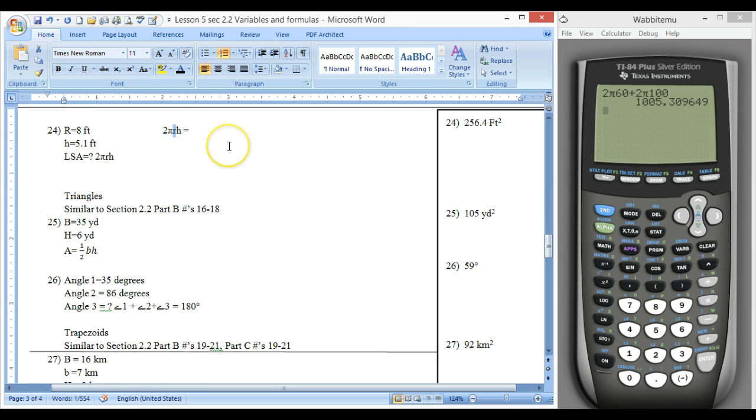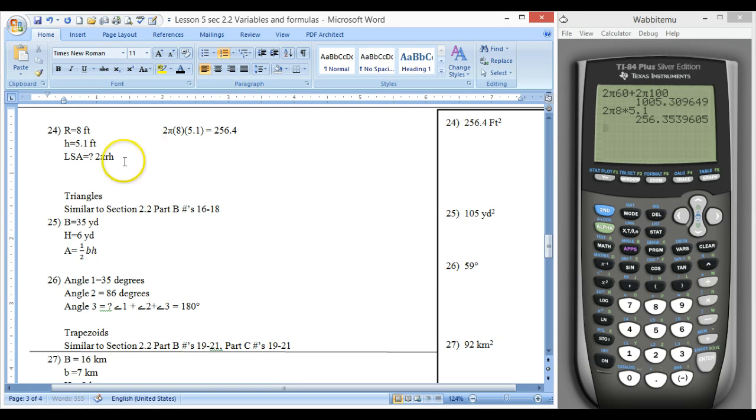The radius, I'm going to put parentheses, is 8. The height is 5.1. And we can just plug that into the calculator of 2 pi 8 times 5.1 gives me 256 point, and then I'm going to round and just go to 1 decimal place just because.